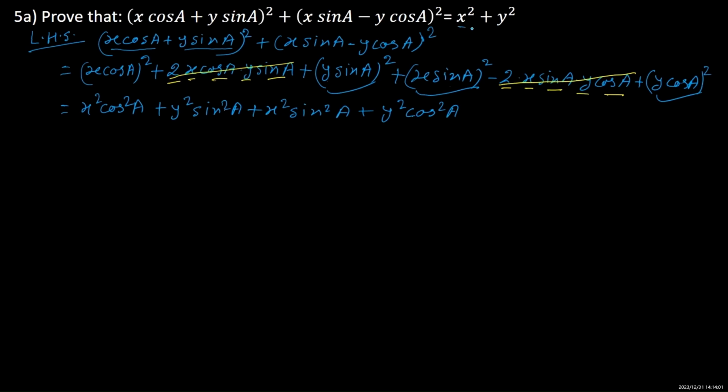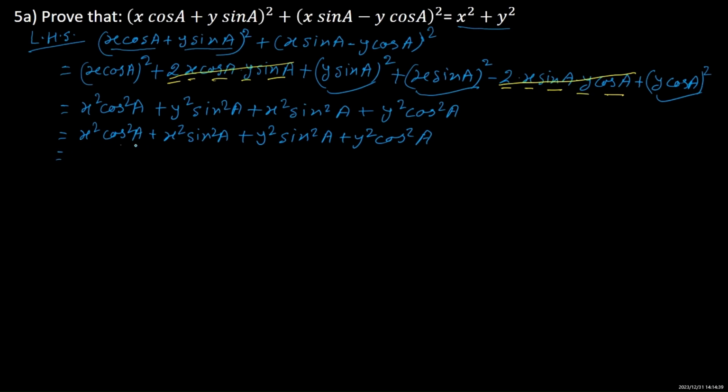Since we have to prove x square plus y square in right hand side, we'll check the terms with x square together and y square together. We'll write x square cos square A plus x square sin square A together. Similarly, y square sin square A plus y square cos square A will be together.